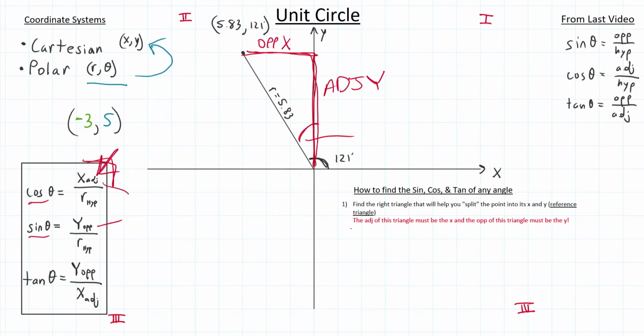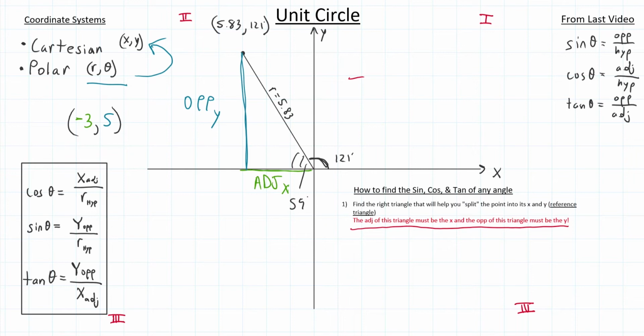The correct reference triangle has an adjacent, that's the x, and the opposite as the y. So again, that right triangle would be this one right here. The angle of focus would be right here, which makes this our adjacent, which is the x, and this our opposite, which is the y. So this is our correct reference triangle.